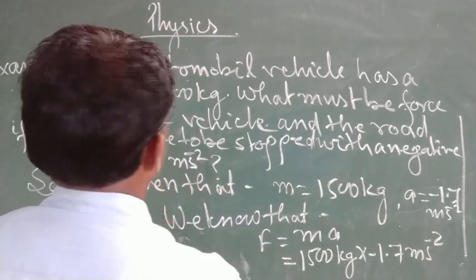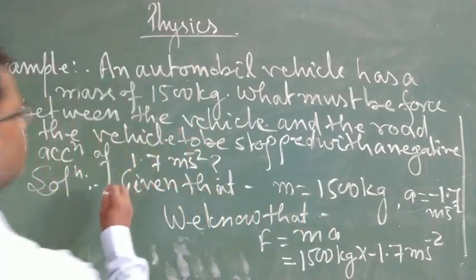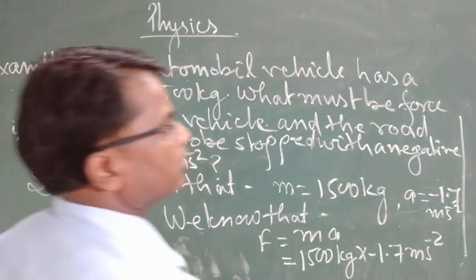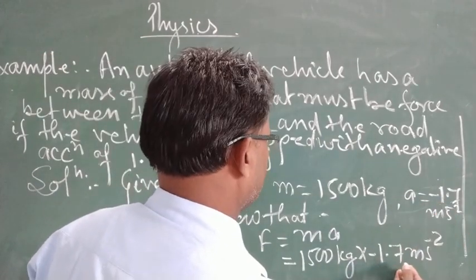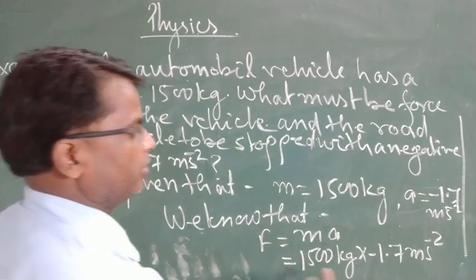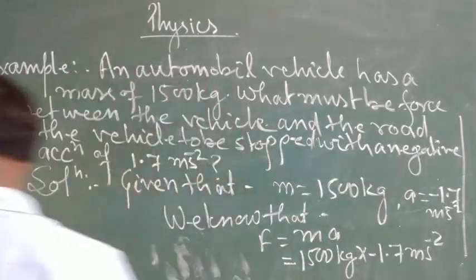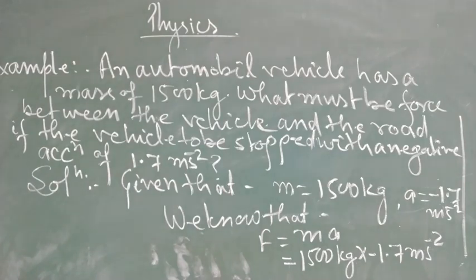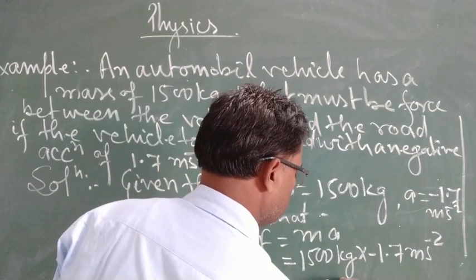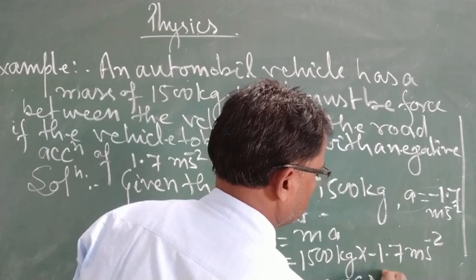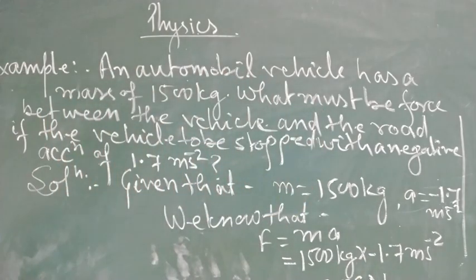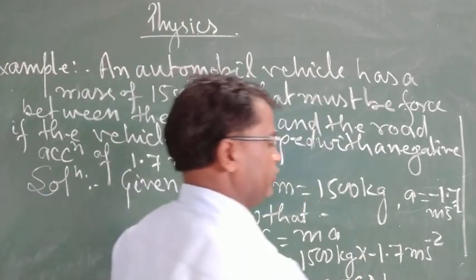Acceleration 1.7 is given, right? When we multiply 1500 into 1.7, with the minus sign, we will get the answer minus 255 Newton. If any students want to multiply, you can multiply and keep it.